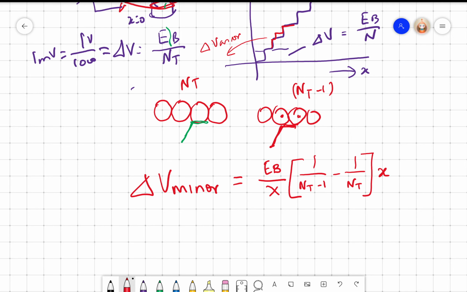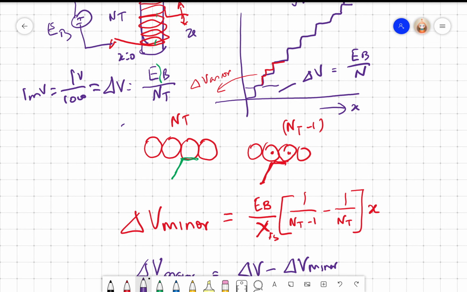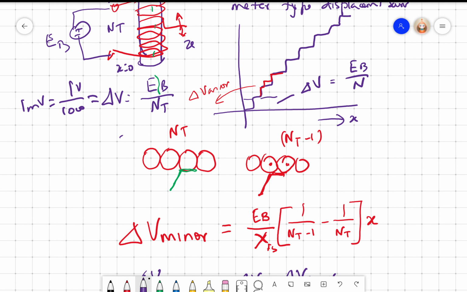So as X varies, this is capital X. To avoid confusion, I call this X full scale, right? Easier. Let's not get confused. And we also have delta V major, which is delta V minus delta V minor, right? So just because you're getting some small kink, you should not think that is the actual output. It's not the actual output.